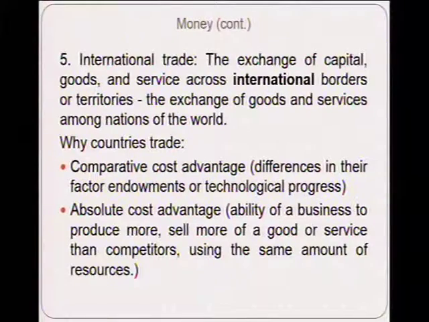What is the comparative cost advantage? Differences in factor endowments or technological progress. When there's a difference in the way a country is endowed in technology or factors of production, then in comparison with other countries, that country has more resources to trade with countries that do not have those mineral resources or technological progress, and that leads to trade.